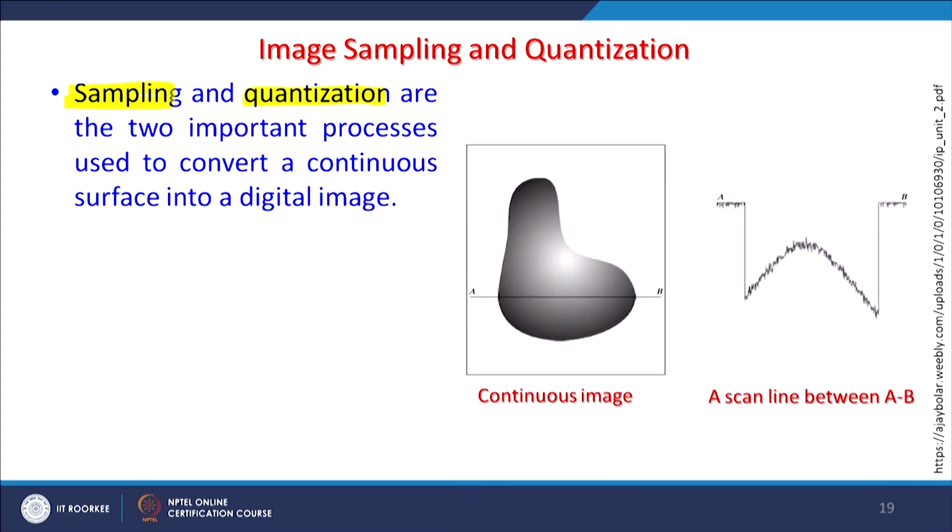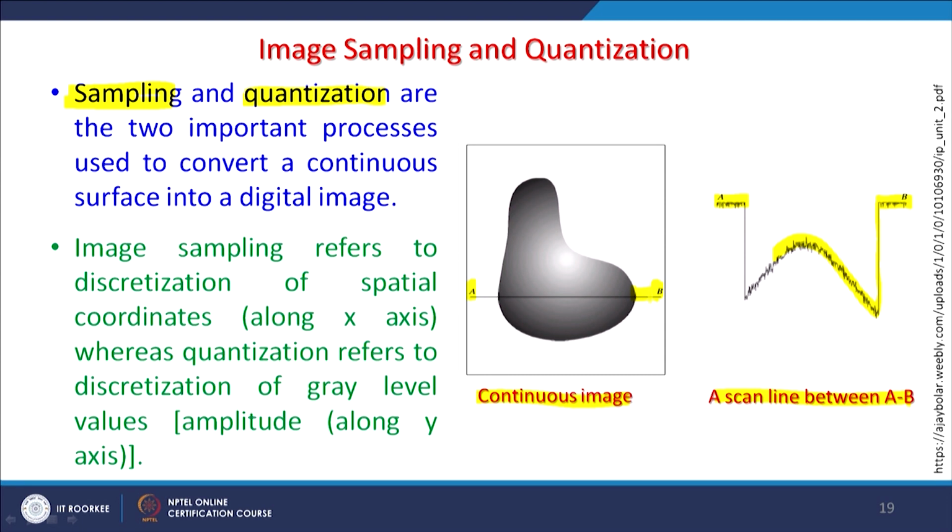If I take a slightly different example, if this is a continuous image shown here, and I take just a cross section and plot it, this is the line scan between point A and B. The white part has very high values of reflection, then suddenly it drops, you get a curve like this, again the white part, and then you reach B. So, image sampling basically refers to discretization.